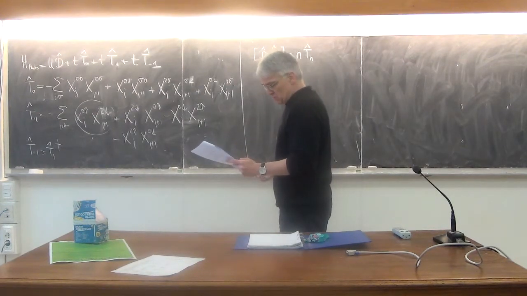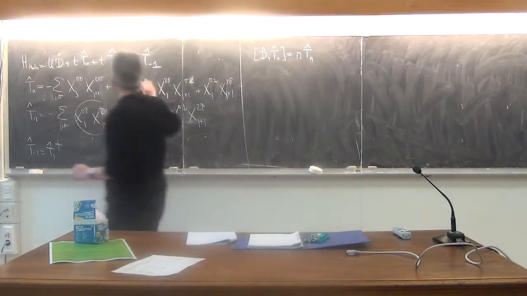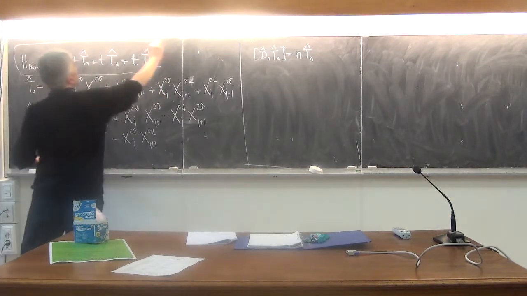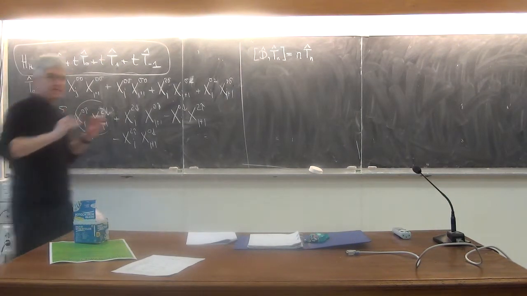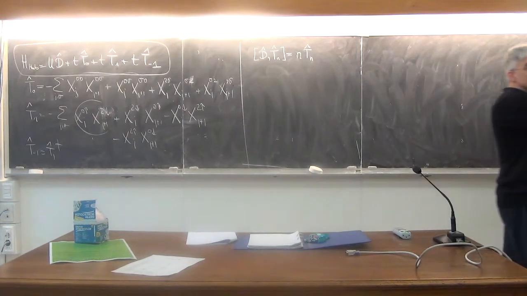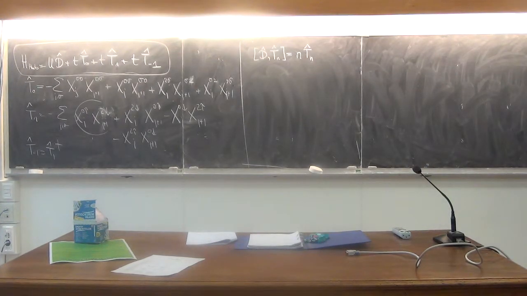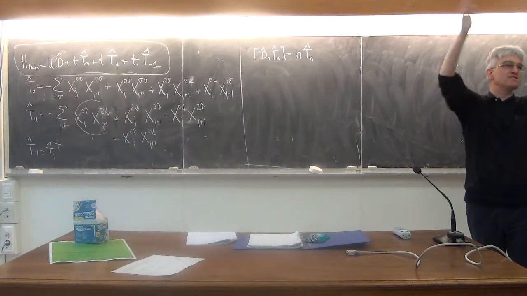Okay, now what we want to do is the following. So this is my Hamiltonian. Okay. So here in this Hamiltonian, I have parts which act in the same subspace of energies. And then it will have off-diagonal pieces which connect these different subspaces. Yeah?